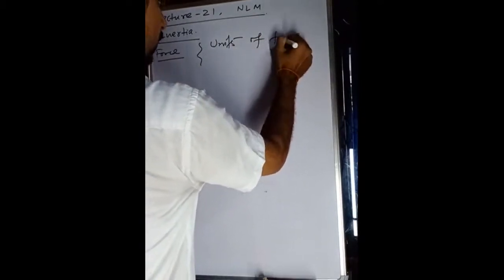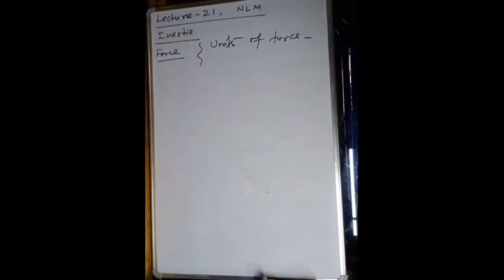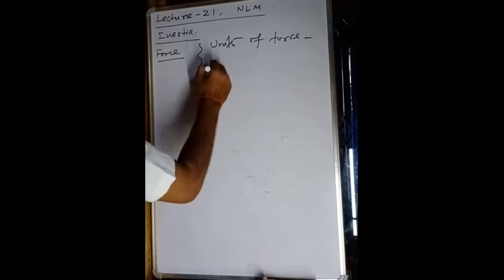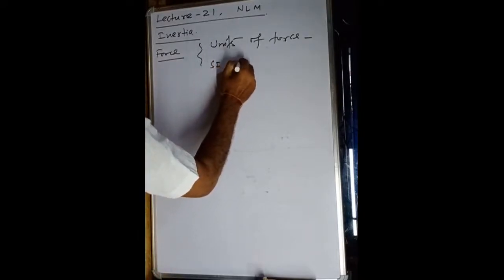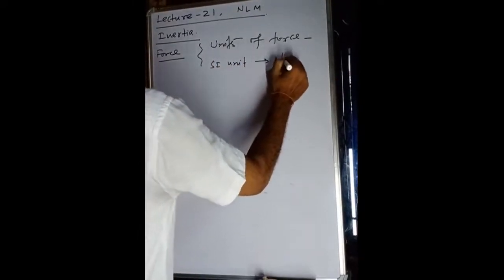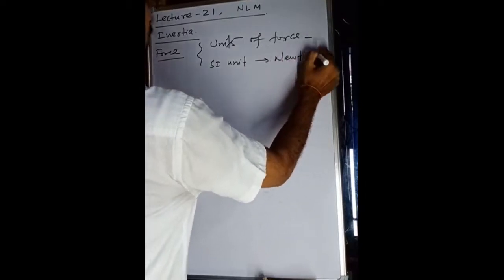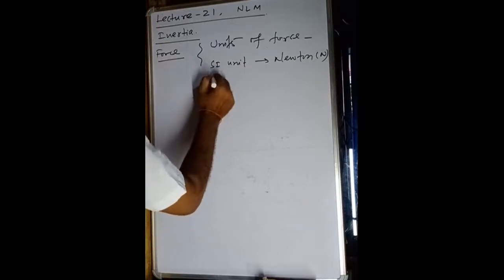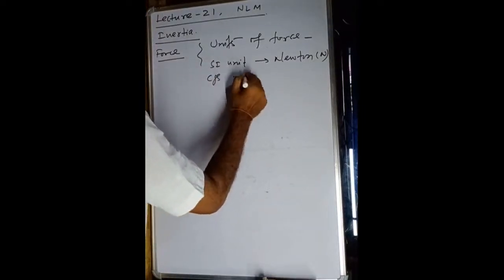Although I know that you know very well, let me recall here the units of force. SI unit, it is Newton itself. The capital N we use to represent the SI unit. CGS, it is dyne.